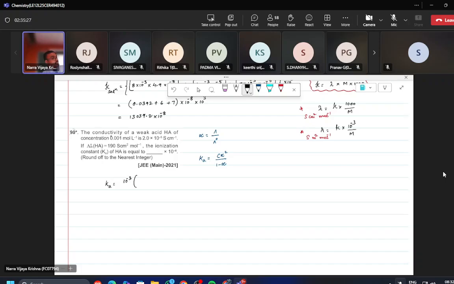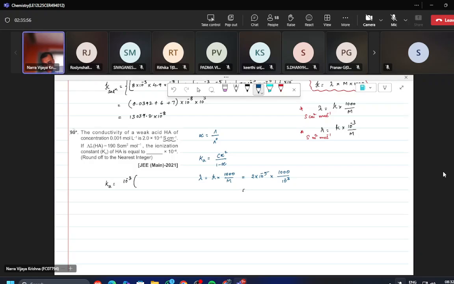They gave conductivity. So we need to find lambda first. So what is lambda equal to? Kappa into 1000 by molarity, where kappa is given as 2 into 10 power minus 5. See the units, Siemens per centimeter, right? Into 1000 by what is molarity given? 10 power minus 3.